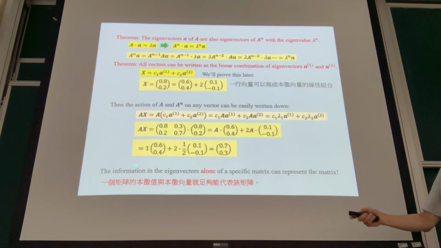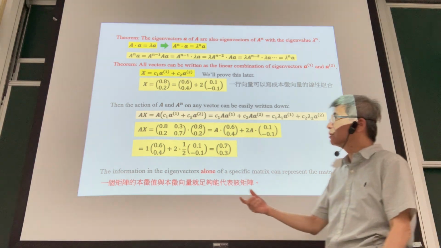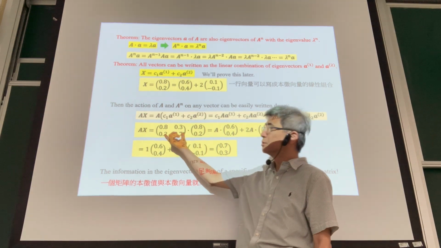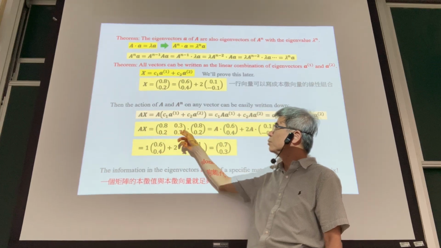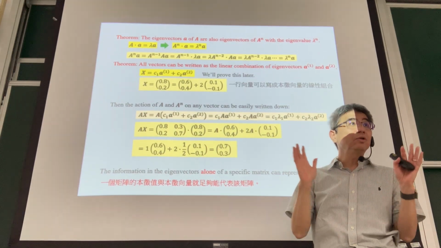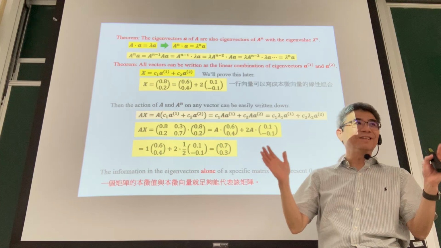So the simple result showed you that I can use this kind of decomposition to represent any matrix. You don't need to tell me about this matrix. This matrix is 0.8, 0.3, 0.2, 0.7, but you don't need to tell me the matrix itself.